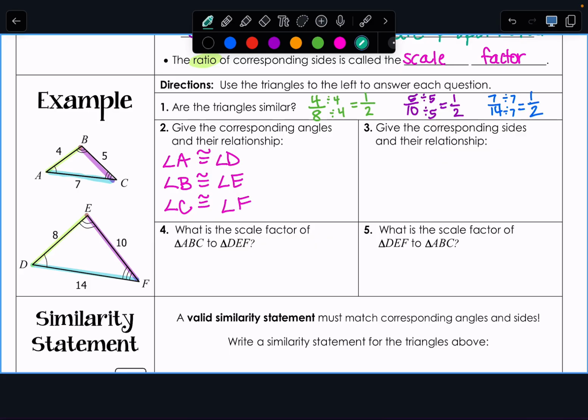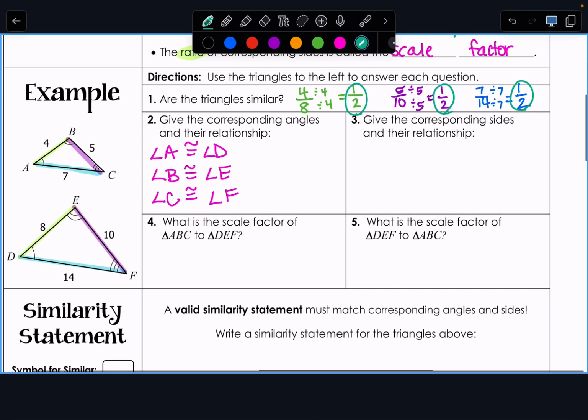So do you see how all of those ratios are 1/2? Are the triangles similar? Yes. This means our sides are proportional. When all of our sides have the same ratio, the same scale factor, then we have similar figures.